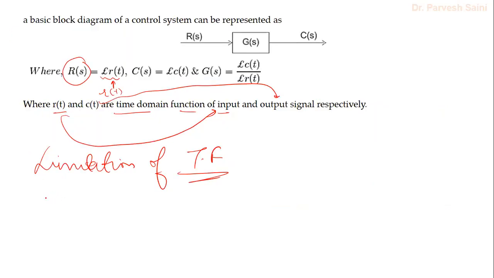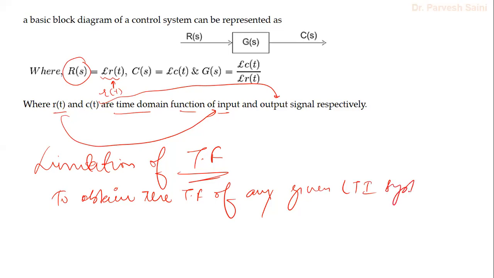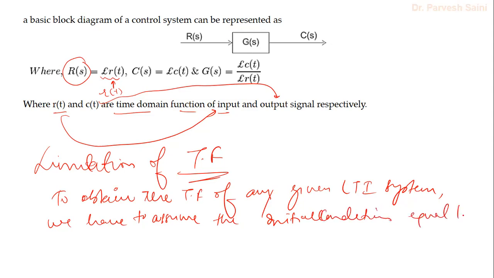So to obtain the transfer function of any given LTI system, we have to assume the initial conditions equal to 0. Okay, so this is a limitation basically.